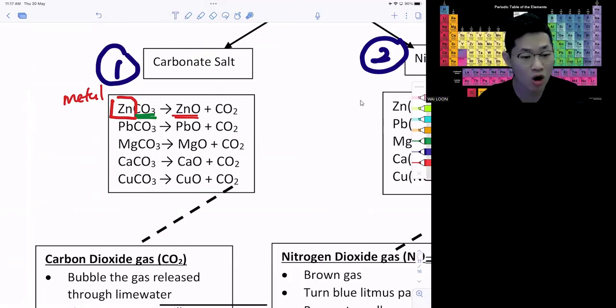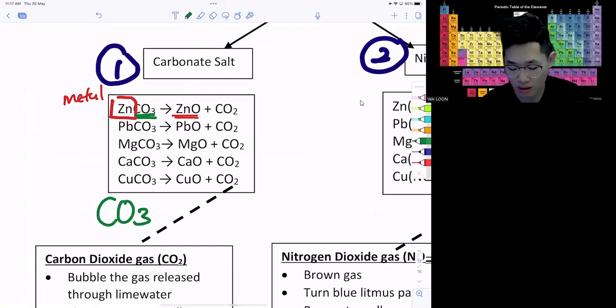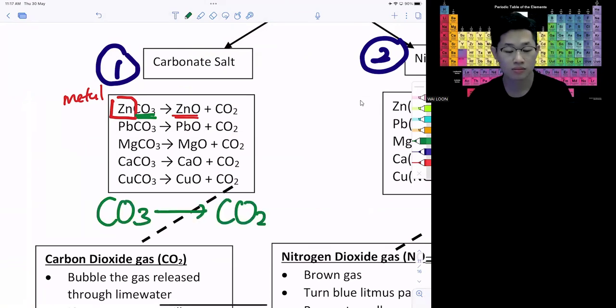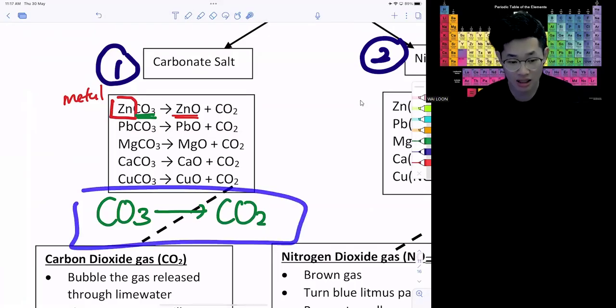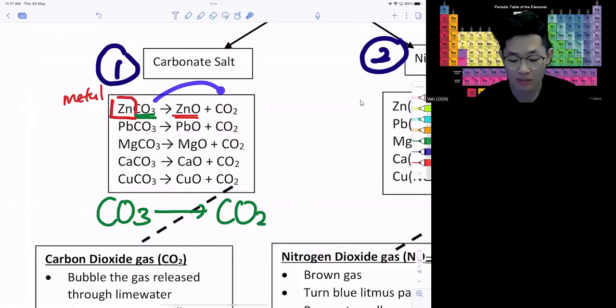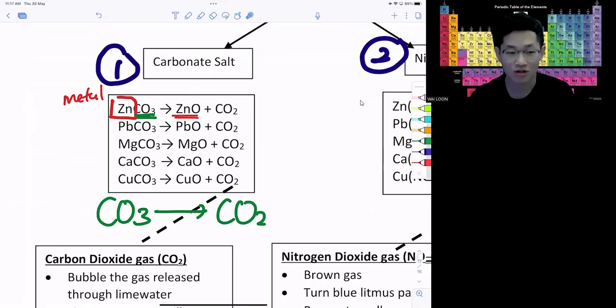If the salt is CO3, it will always produce CO2. They both look similar, right? So carbonate produces carbon dioxide. We gave an O to the zinc already, so we have 2 O left. You can remember it that way.